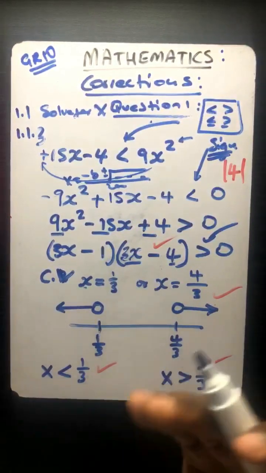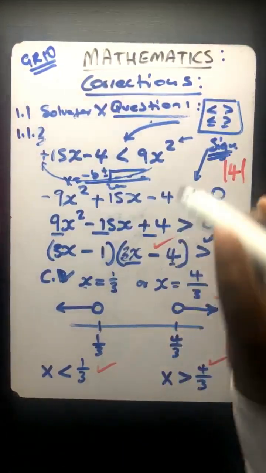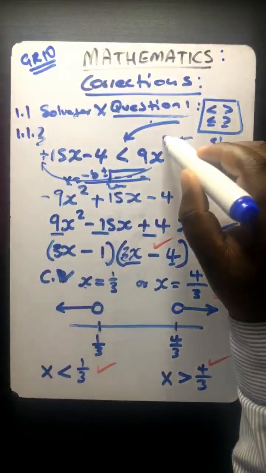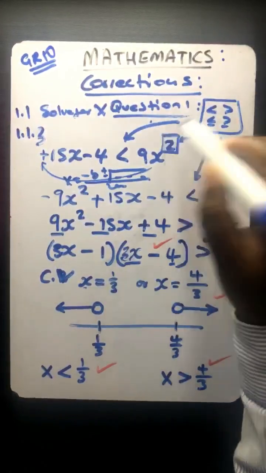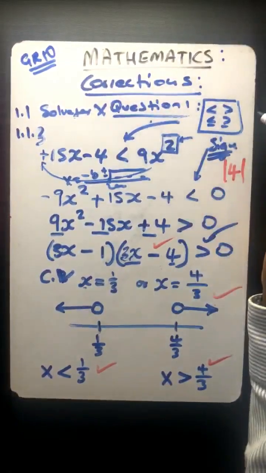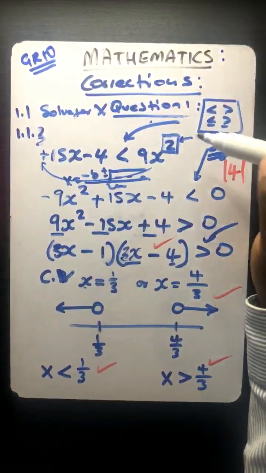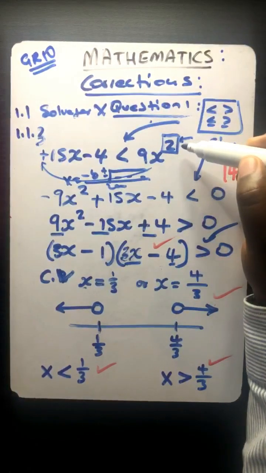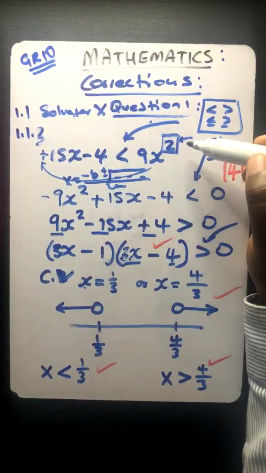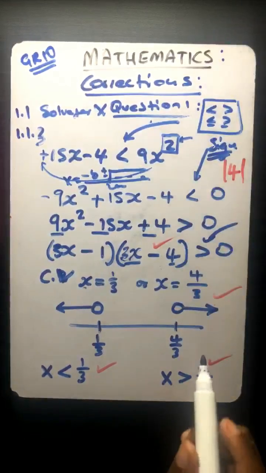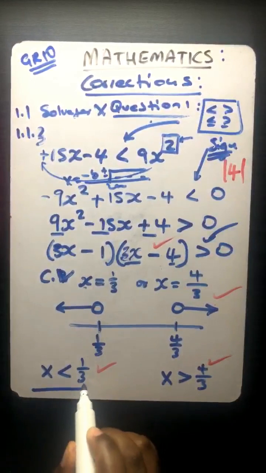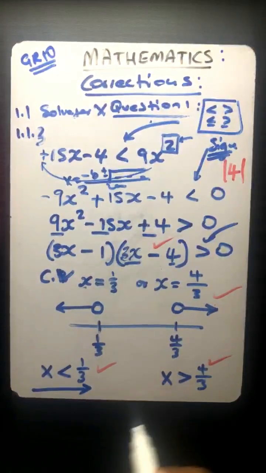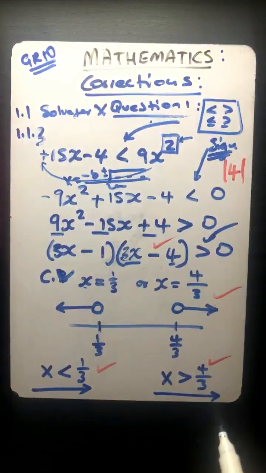The reason why you say or is because what we call a quadratic equation or a quadratic inequality, if you remember, I did say this two, it means you're going to have two possible answers. So the reason why you say or is because this is the first possible answer, or even this one, it is the possible answer.